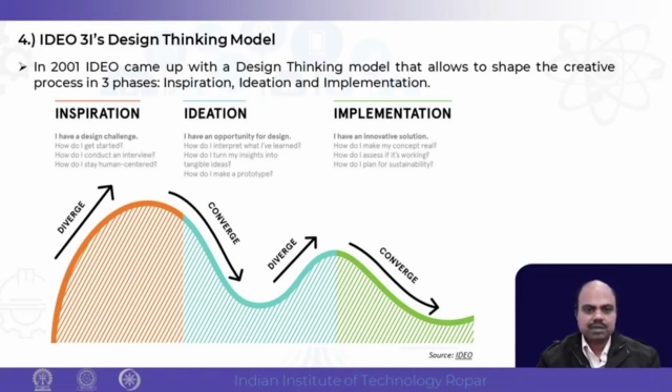First is inspiration. Inspiration is basically diverging. And in ideation, we are going to get more ideas. So a little bit of converging, and again we are diverging. And then implementation. Implementation is where we are going to implement the solution, which means that again it is converging.